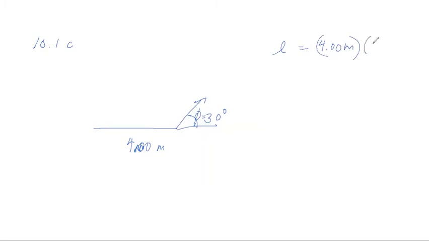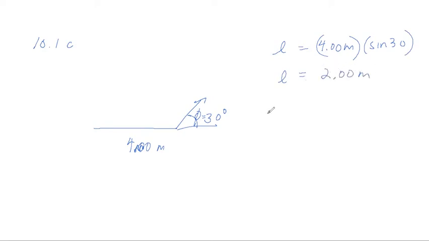10.1c. This time we have something that looks like this. Once again, all of them are 4.00 meters, and we've got our force going this way. This is 30 degrees, phi. So now we calculate that lever arm. L equals 4.00 meters times sine 30, so L is going to equal 2.00 meters.